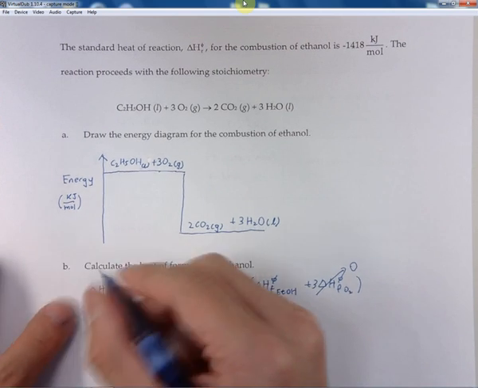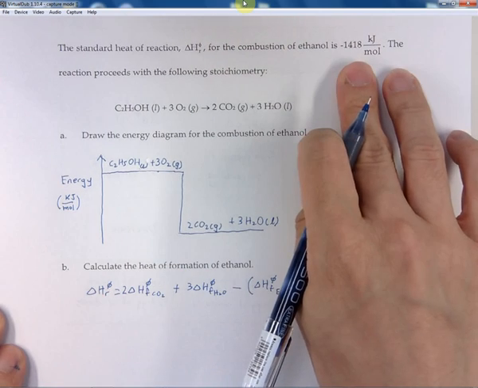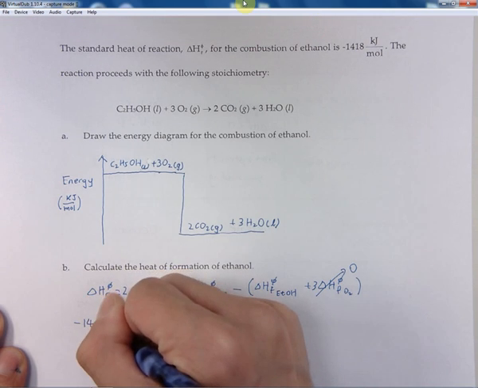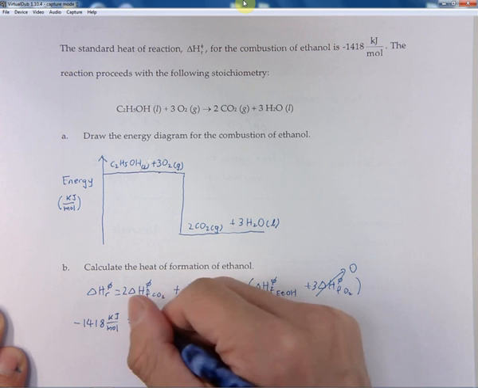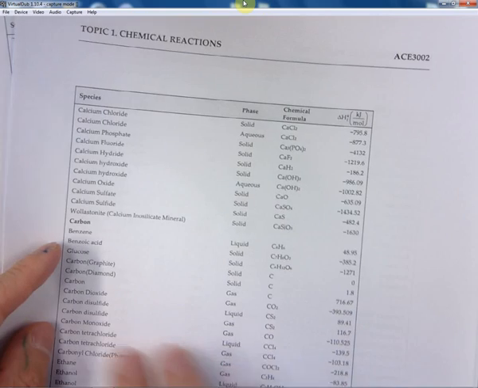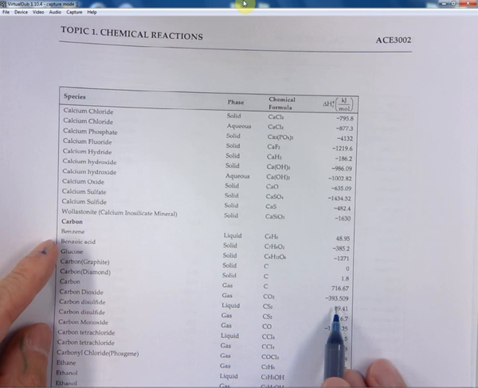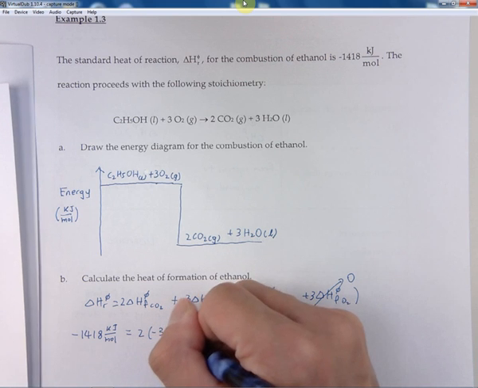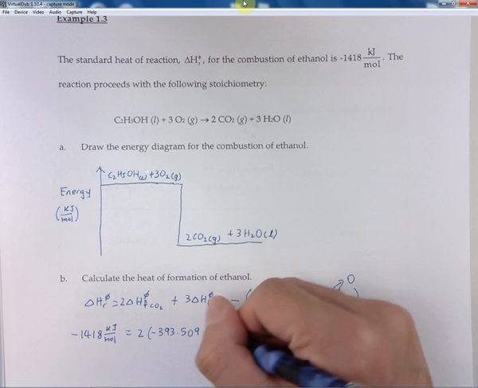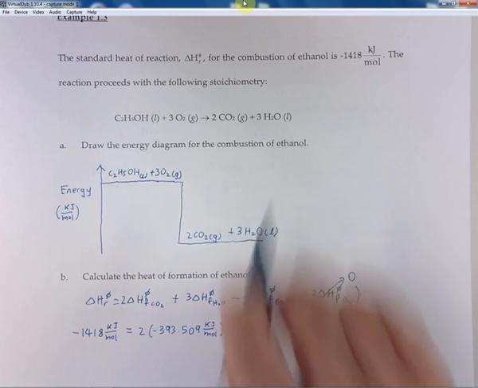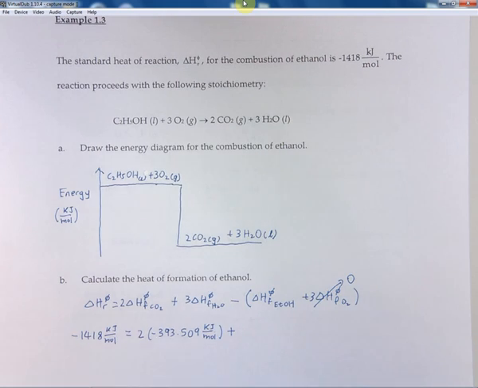So we can go ahead and substitute in the values. The heat of reaction is negative 1418 kilojoule per mole. The heat of formation of CO2 is negative 393.509 kilojoule per mole. For water, this is liquid, so let us look for water.